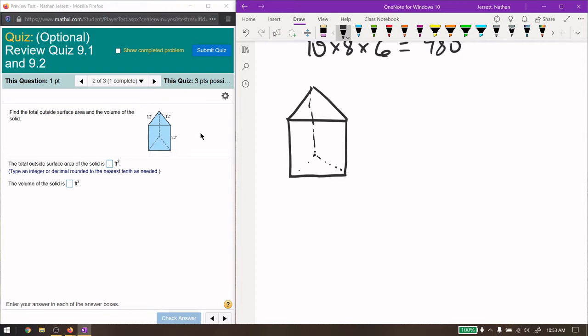Okay, so we've got 5 sides in total, right? This is 12, this is 12, and this is 22. For the bases, the triangular bases, we really have a 12 by 12. And, oh, this is actually a right angle. Okay, I messed that up there.